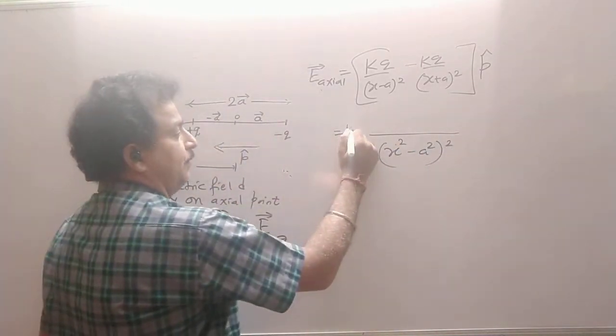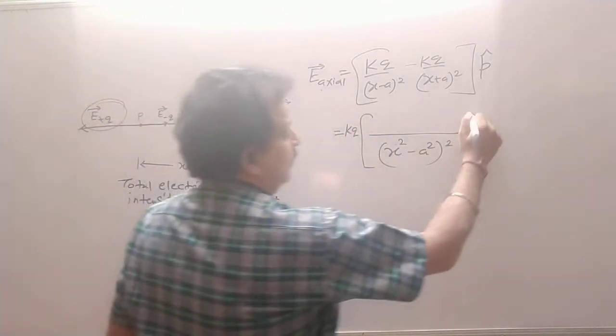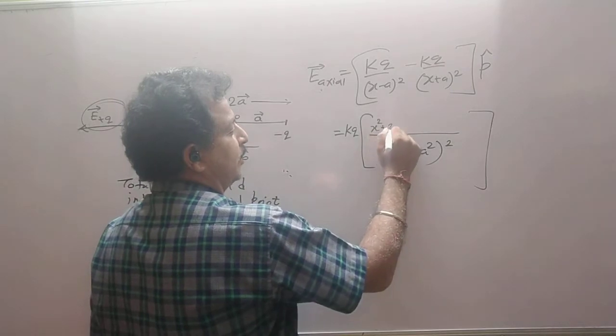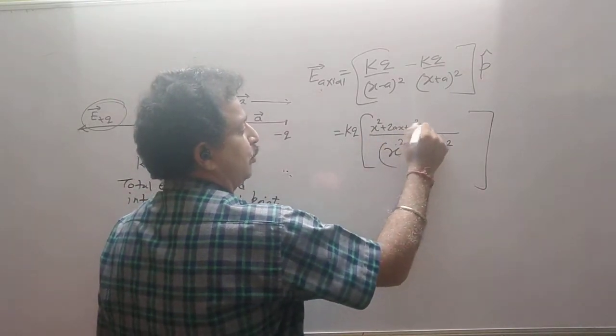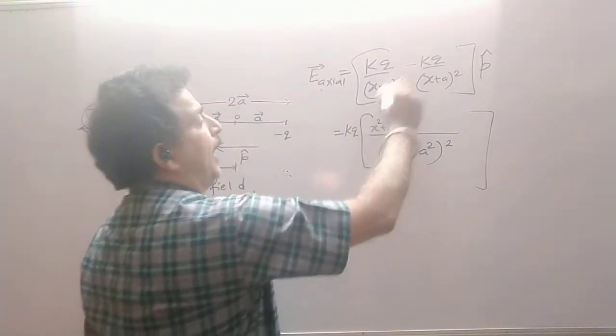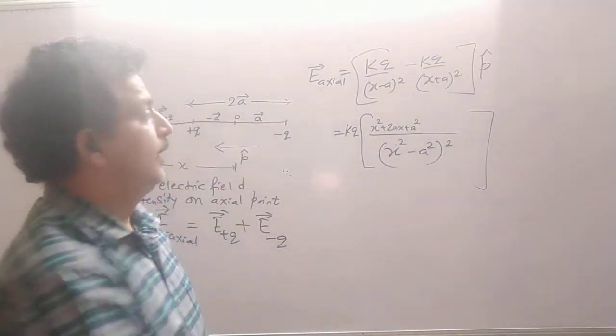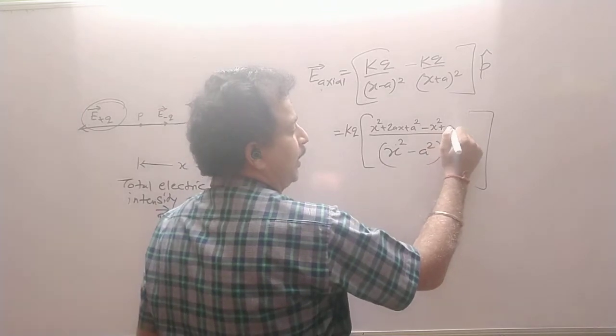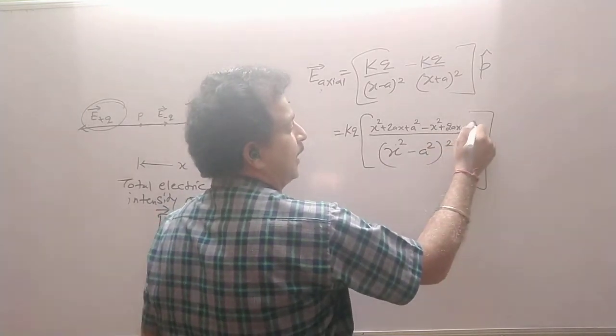KQ is common. Now x plus A whole square is x square plus 2ax plus A square. Then x minus A whole square, and we have a minus sign here, so minus x square minus 2ax plus A square.